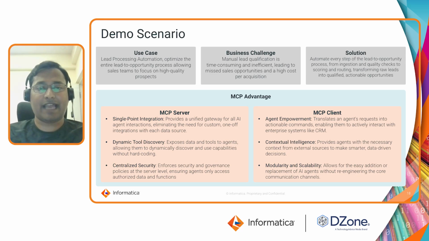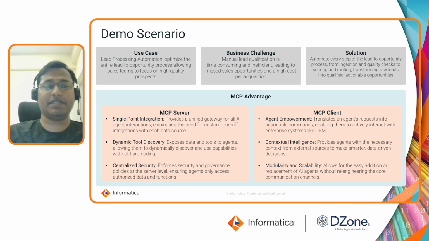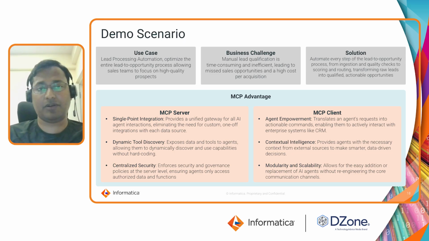And I also want to focus on how both the server and the client bring advantage to the table. First of all, the server itself becomes a single point of integration. When you are hosting these servers, you're eliminating point to point interactions, and this helps to get over the complexities around integration.